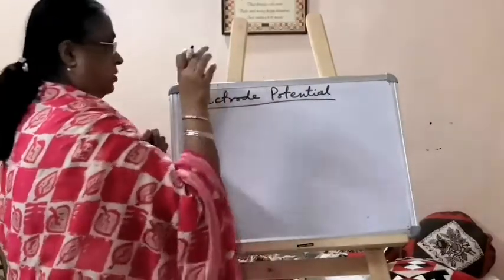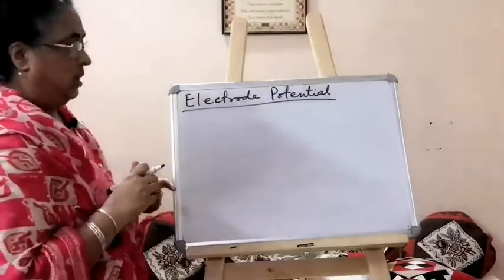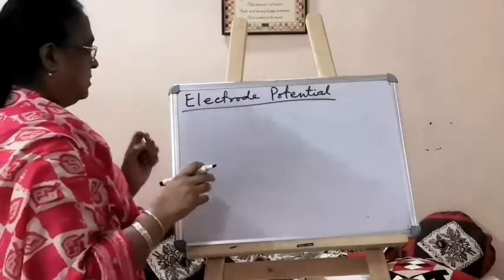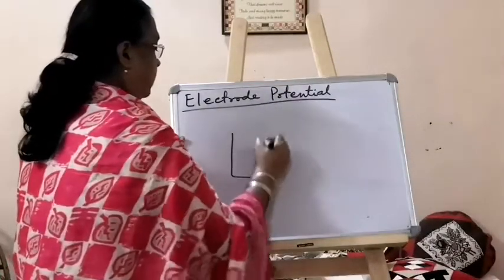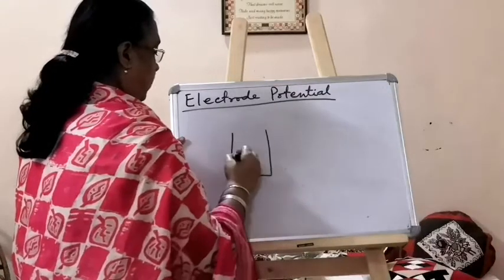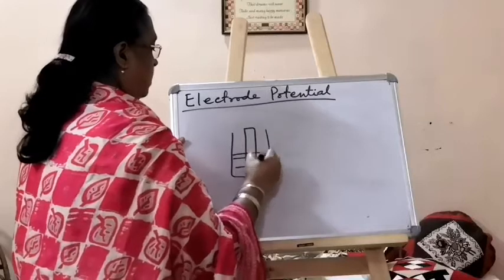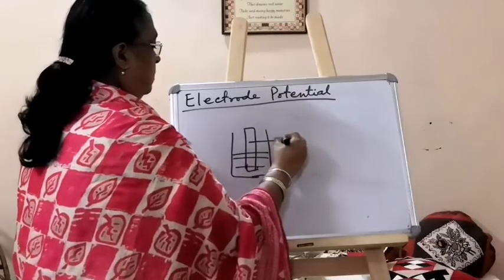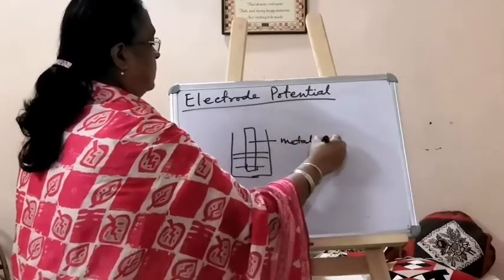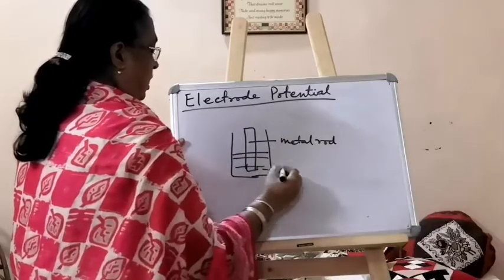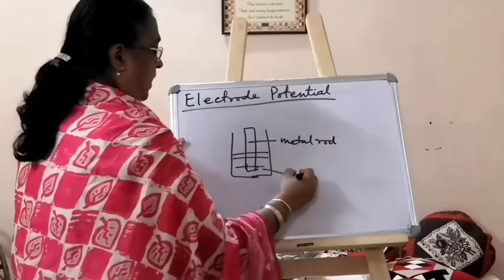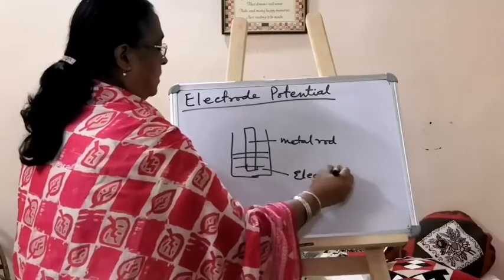An electrode, you know, is a solid part of the metal which is dipped in a solution. So if you have a beaker containing a metal rod, any metal rod, this metal rod is an electrode, dipped in your electrolyte.